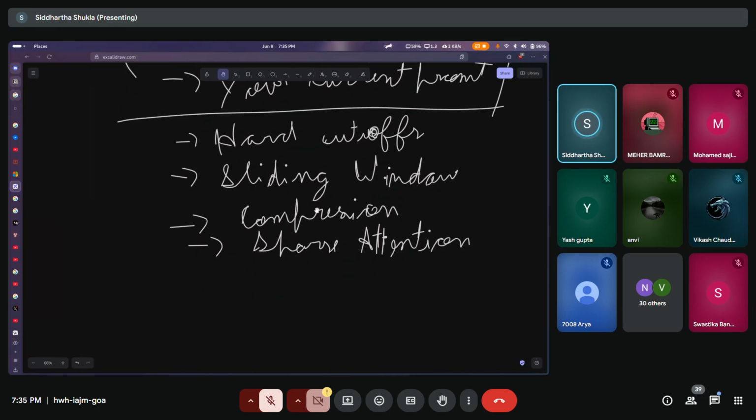Sparse attention is used by really advanced models, especially research models, and helps the model prioritize the more important parts of your conversation history. These are the ways that models address truncation when you exceed the context window.